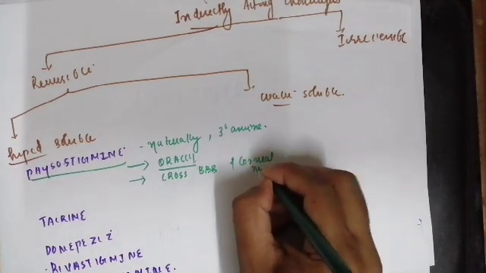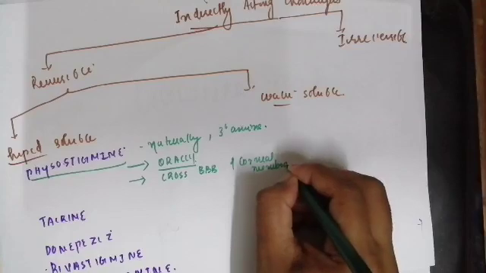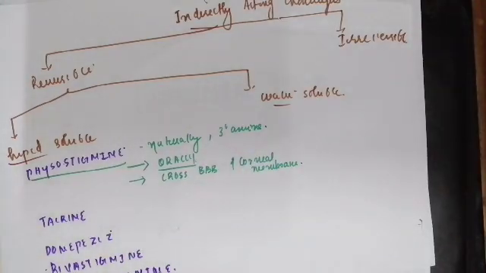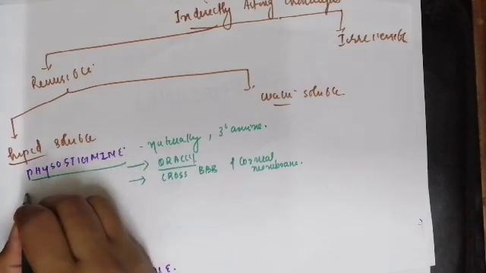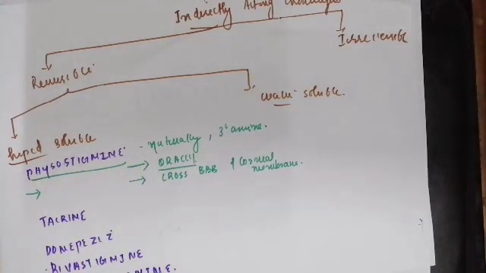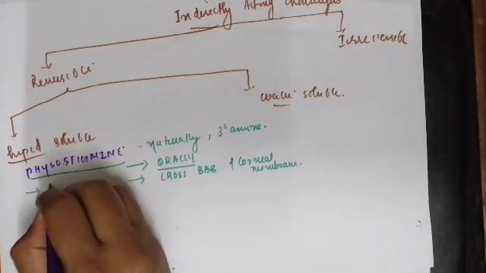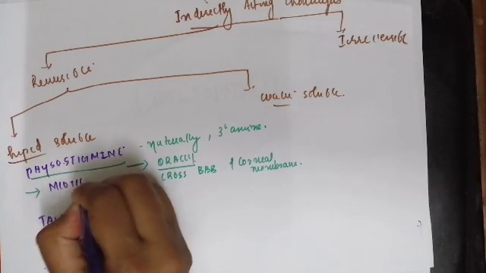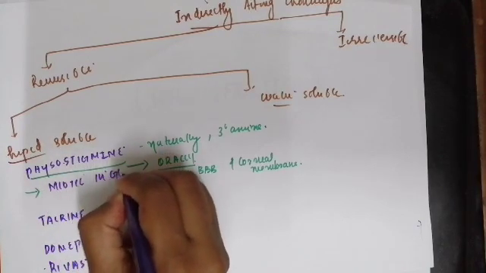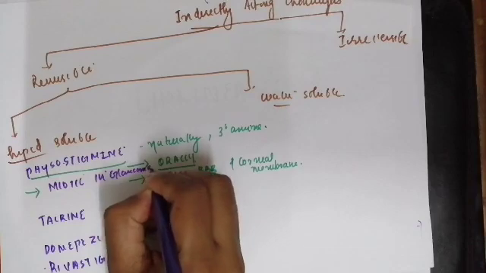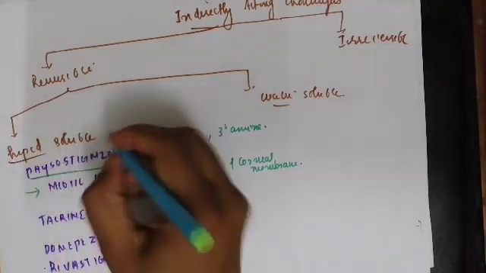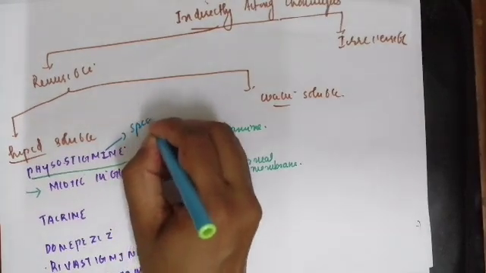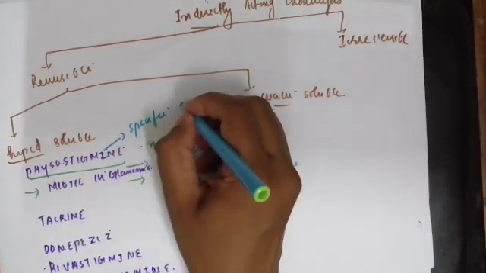As it crosses the corneal membrane, it can produce effect on the eye also. So what is the main use of physostigmine? The main use is that it can be used as a miotic in glaucoma treatment. And it is also the specific antidote for atropine poisoning.